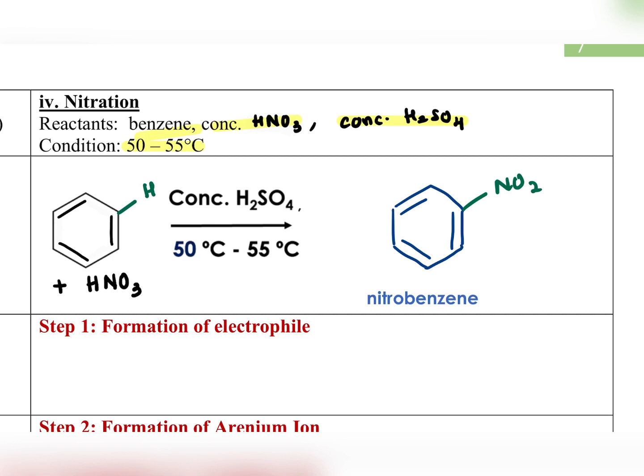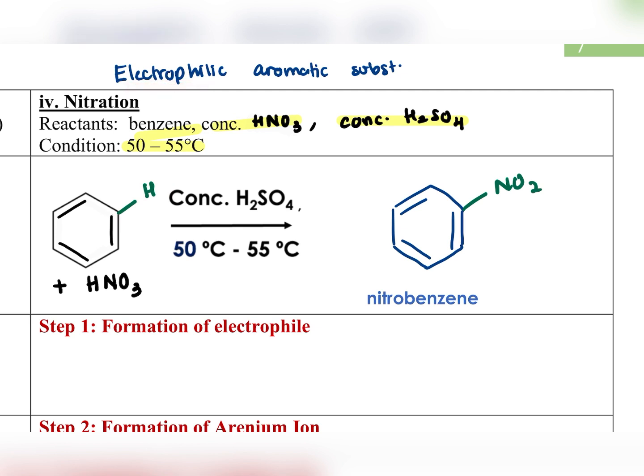Okay, so dari sini kita akan dapat NO2 nanti later, yang akan substitute dekat H. Okay, so remember that reaction for benzene must be electrophilic aromatic substitution. Okay, so kita akan gantikan hydrogen, one of the hydrogen that directly attached to benzene ring, dengan your electrophile.